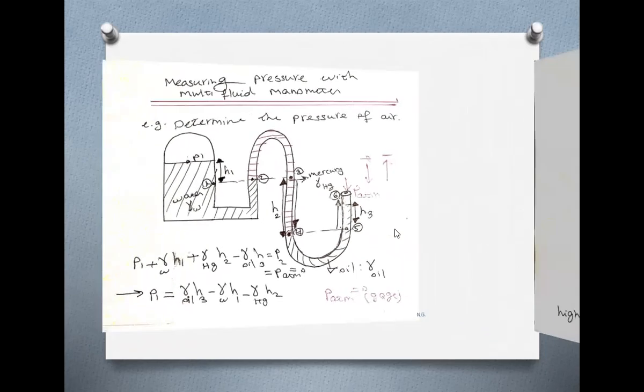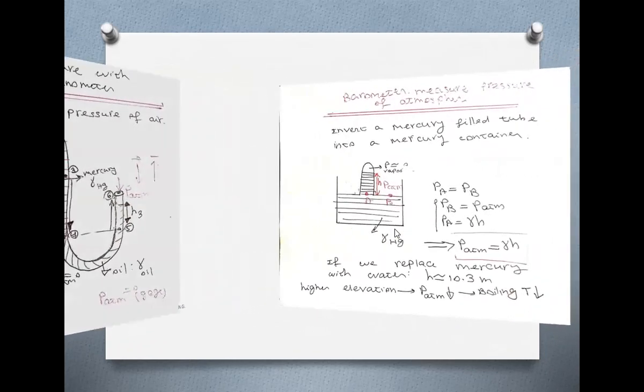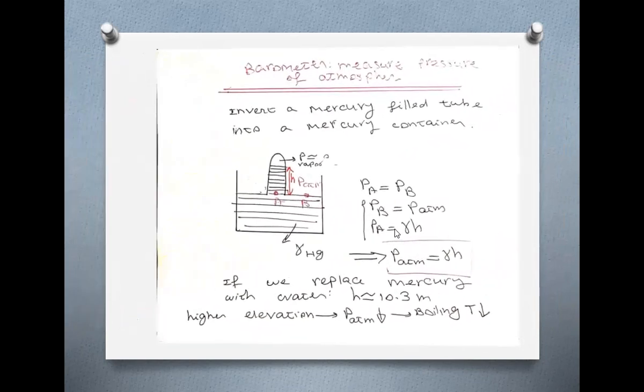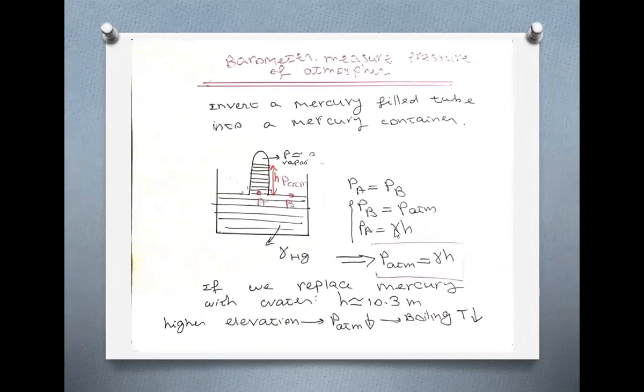We go to the next one. We want to talk about a barometer. We use a barometer in order to measure the pressure of the atmosphere. If you fill this tube with mercury, we use mercury because it has high density among all the liquids.